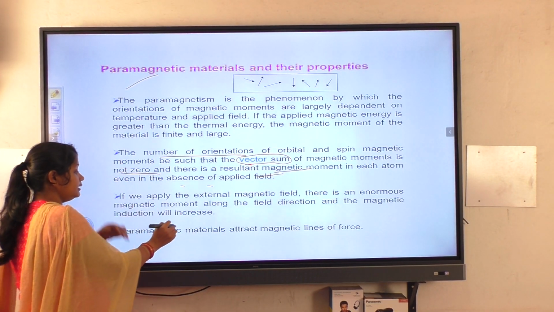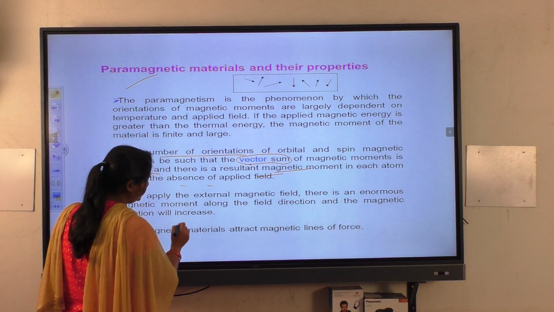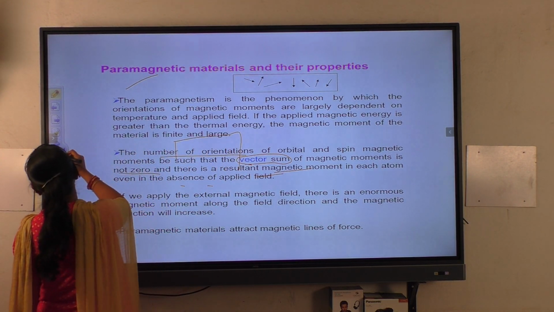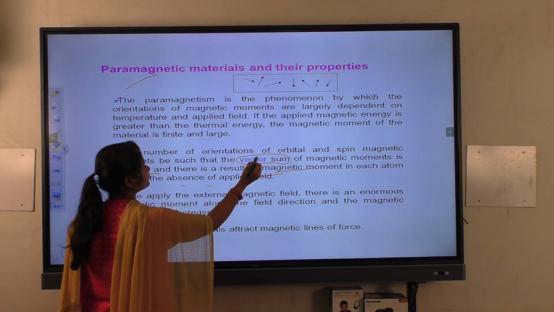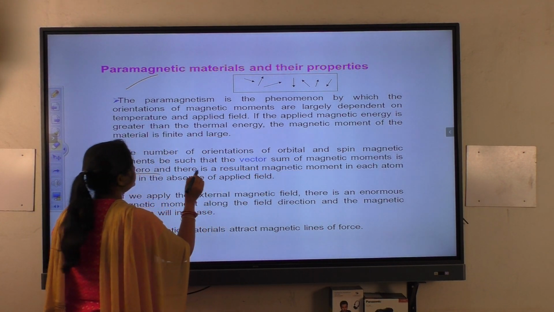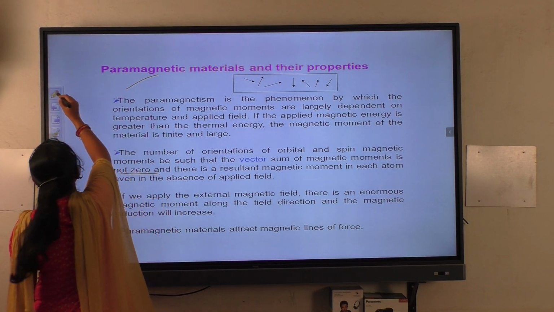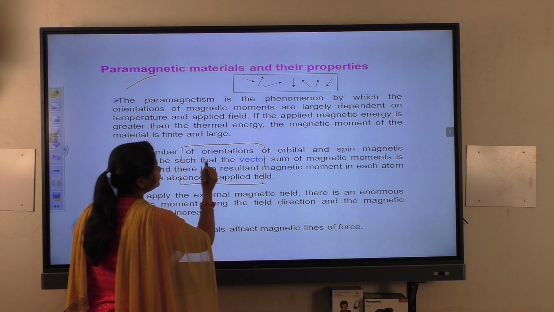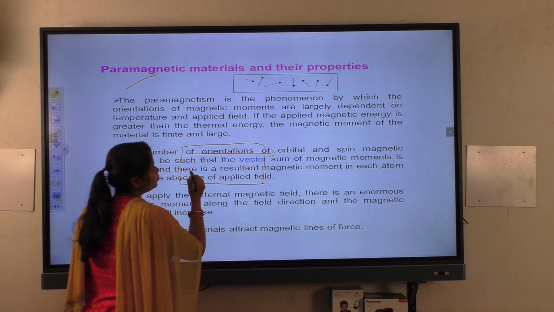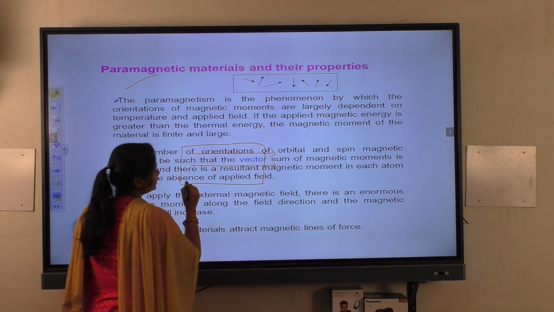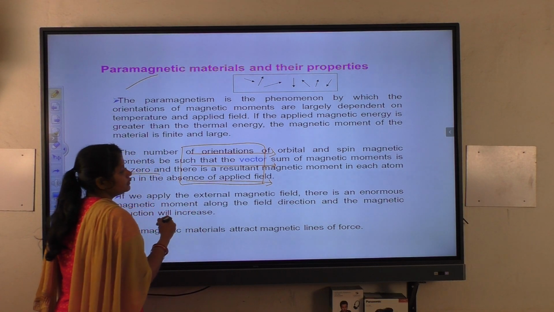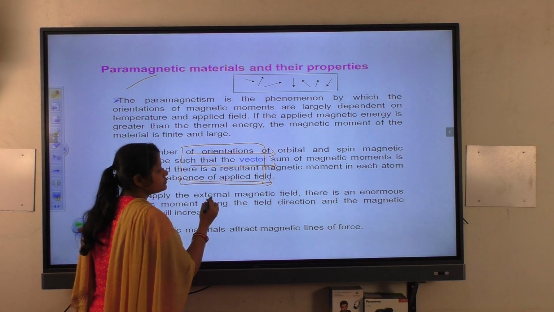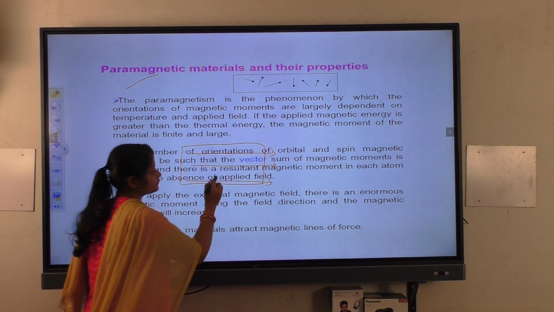If we consider the direction of the magnetic field, let us consider a magnet. I am considering here a magnet. In this magnet, if the magnetic lines of force move in this direction, then the induced magnetic moment will also move in the same direction.